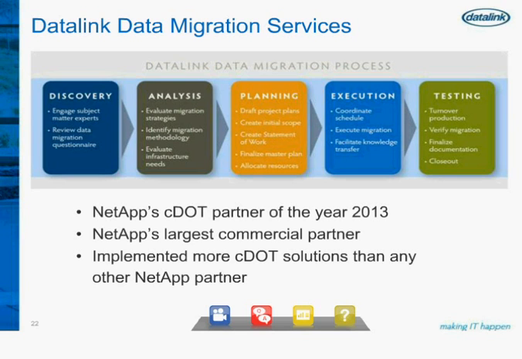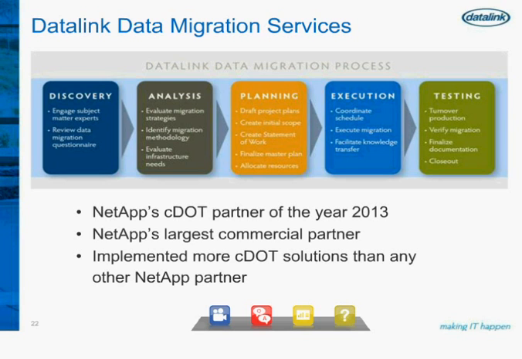So a couple of highlights. Datalink was named NetApp's Clustered ONTAP Partner of the Year for 2013 as a reflection of the significant investment that we've made in clustered ONTAP knowledge and test facilities within our lab. We have 4 fully functional clustered ONTAP arrays of various sizes and purposes within our environment.